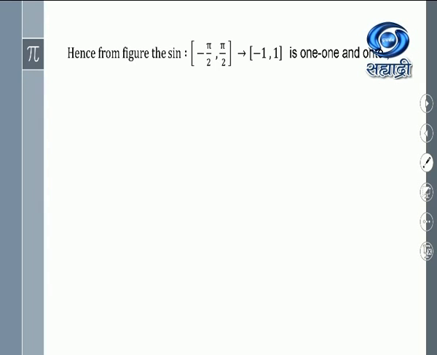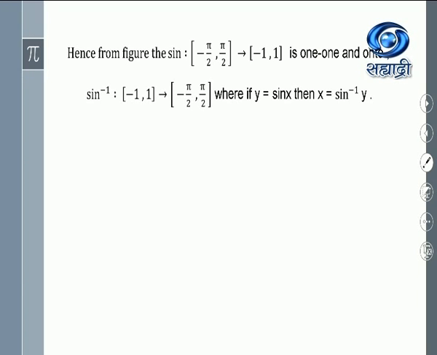Okay, so here we consider only the closed interval -π/2 to +π/2, though we are having one-one functions in other intervals. This particular interval is called the principal value branch. So we define sine inverse as the inverse of sine, as the function from the closed interval -1 to 1 to the closed interval -π/2 to +π/2.